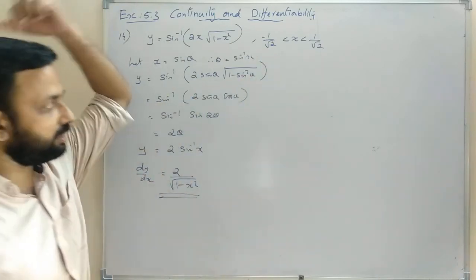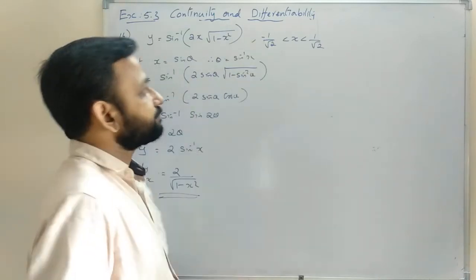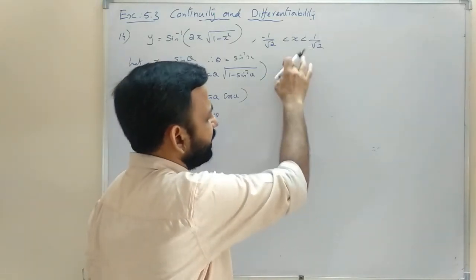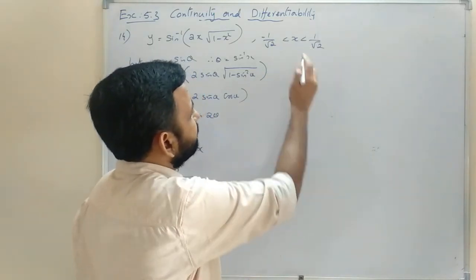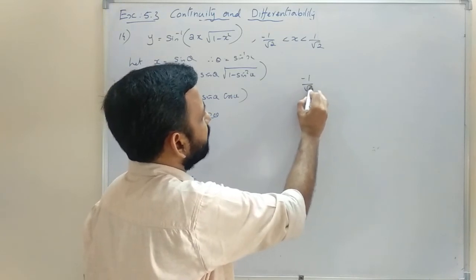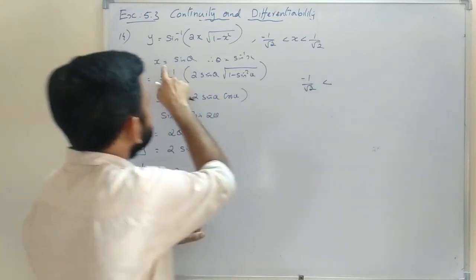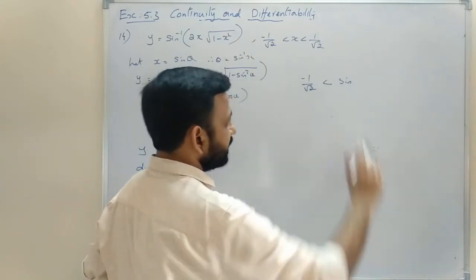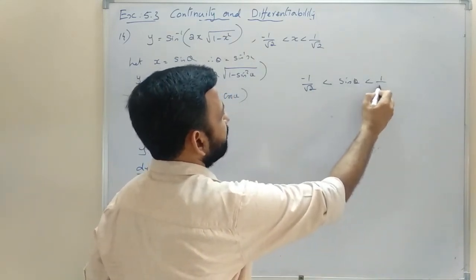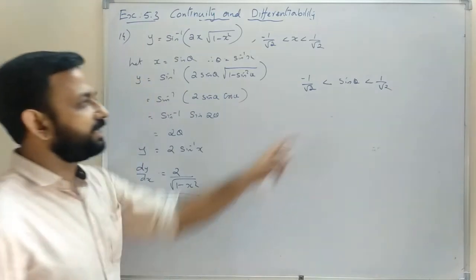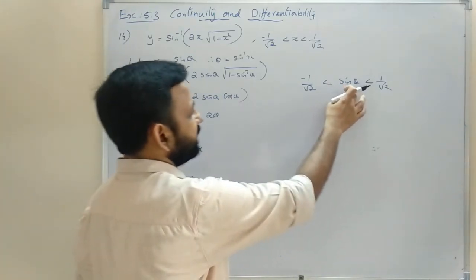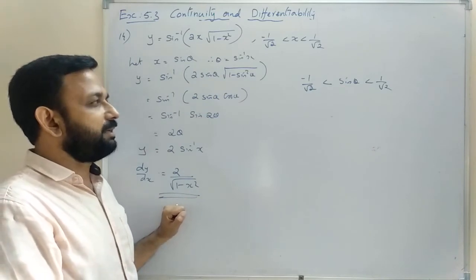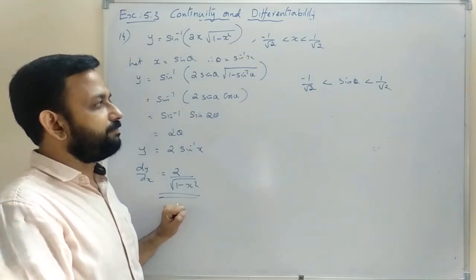And here the interval is given. Actually we are not doing that interval, we need not verify. But in case you are verifying, this is minus 1 by root 2 less than x less than 1 by root 2. When we replace x by sin theta, 1 by root 2 is sin pi by 4.